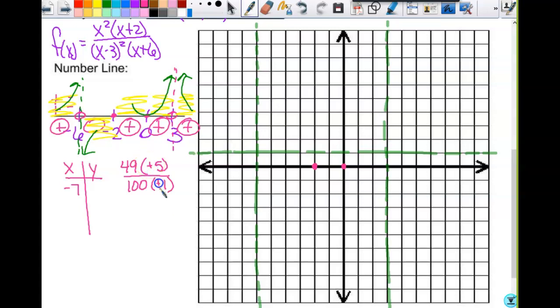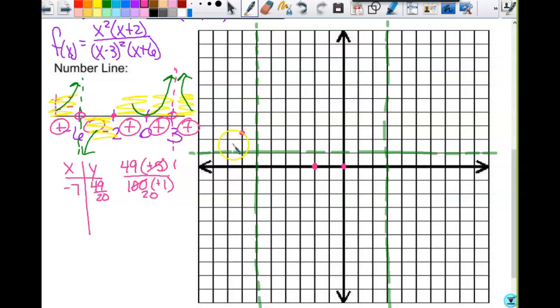These both become positive. 5 goes into 5 once, goes into 100 twenty times. So that leaves me with 49 over 20, which isn't a beautiful number, but 20 goes in there twice with 9 left over, so it's almost 2.5. And estimating on this graph, 2.5 is close enough. So -7, and then 2.5.